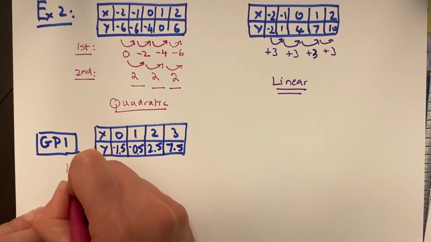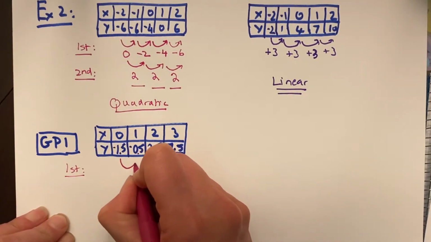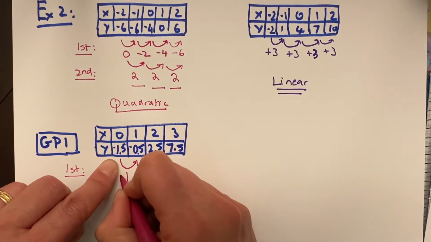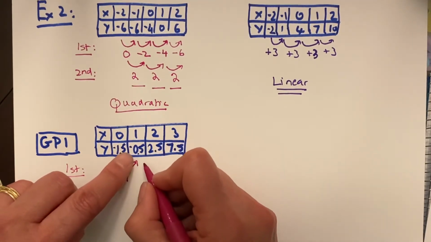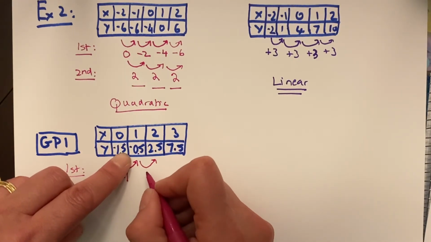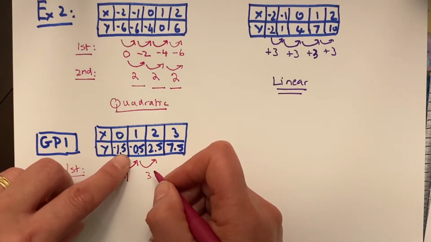And we have to try our first and second differences to make sure. So negative 1.5 plus 1 we determined gives us negative 0.5. Negative 0.5 plus, let's see, plus 3 will give us 2.5.